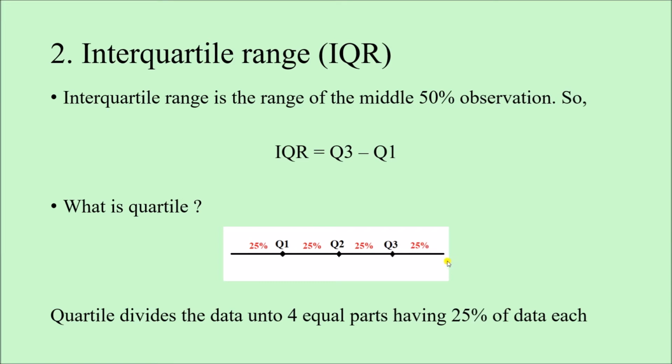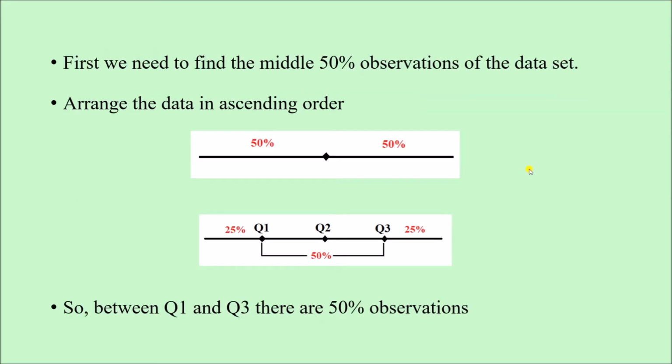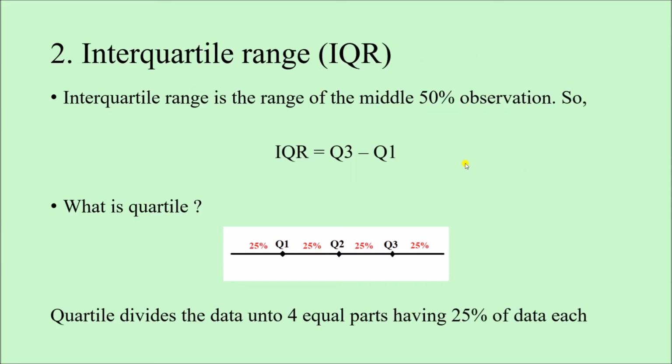Alright. So to find out the interquartile range, we have to basically get the value of Q3 and the value of Q1, and that difference is the interquartile range. Now as I mentioned, we have to find out the middle 50% observations.